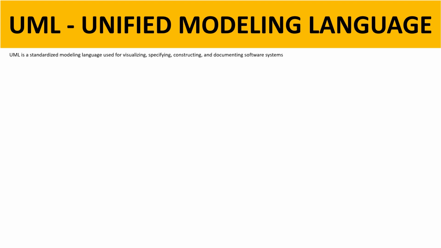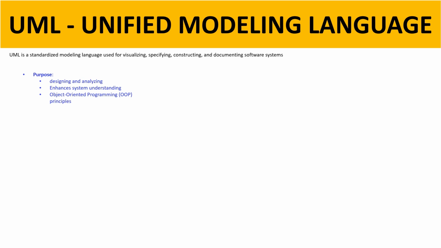Now let's try to understand when to use UML. Whenever you want to design any complex system, whenever you want to visualize the architecture and interaction of any complex system, you can use UML. If you want to provide more clarity in software requirements, you can simply document your software requirement by using UML.